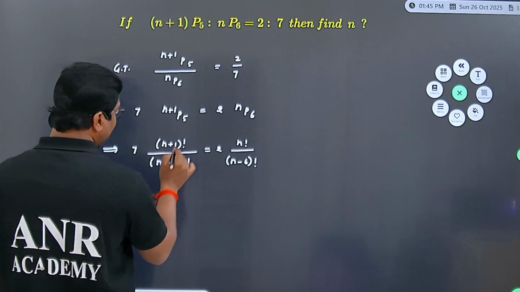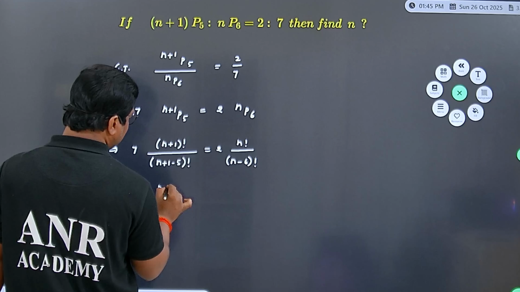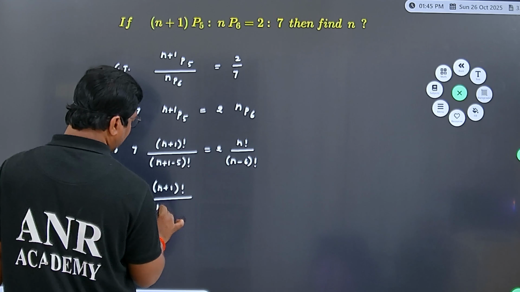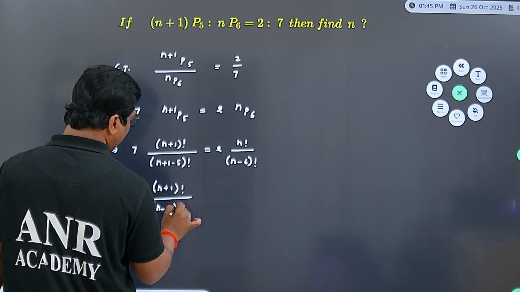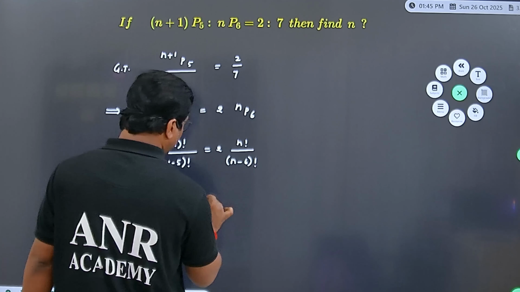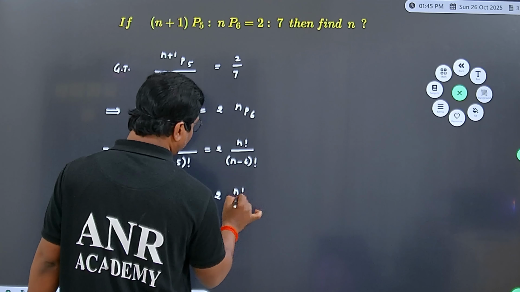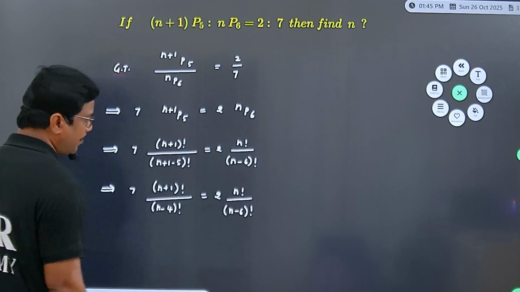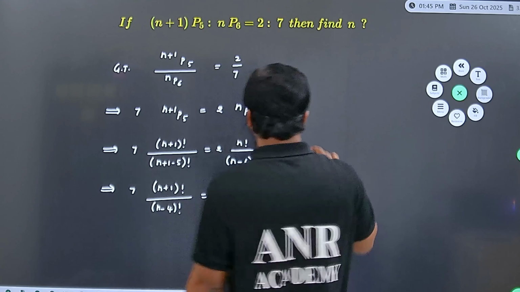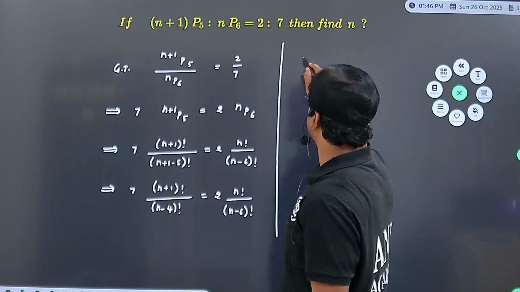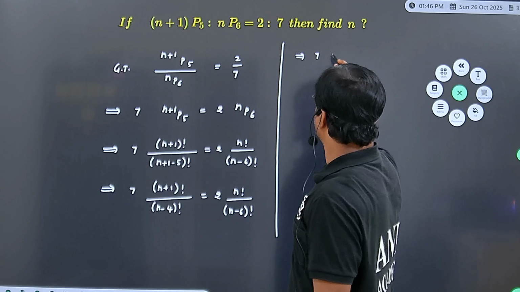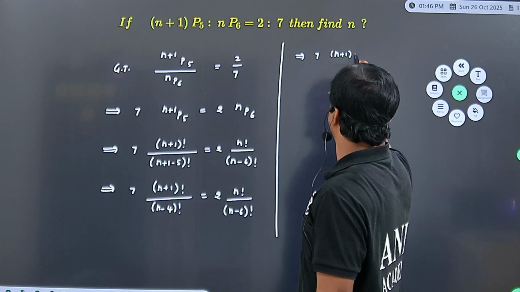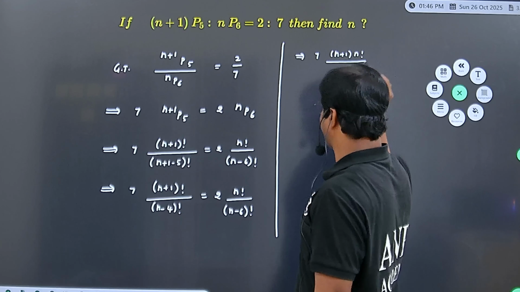7 into n plus 1 factorial divided by, this is n minus 4 factorial. Next, in the right hand side, you have n factorial by n minus 6 factorial. Next, in the next step, I can write 7 times of n plus 1 factorial written as n plus 1 into n factorial.